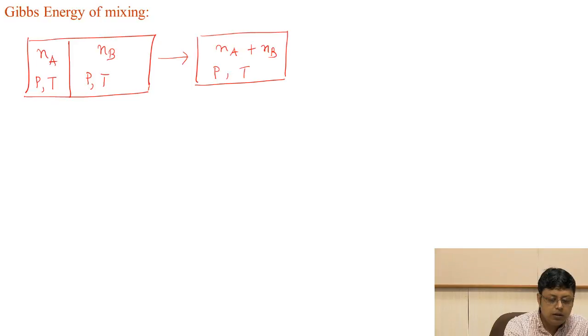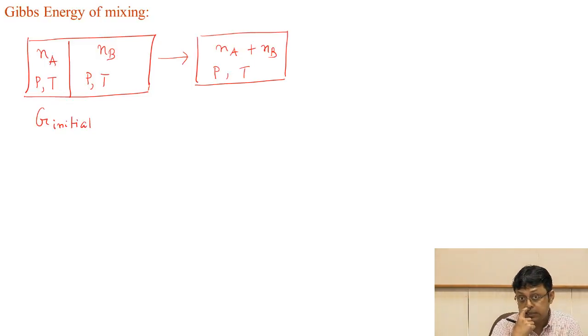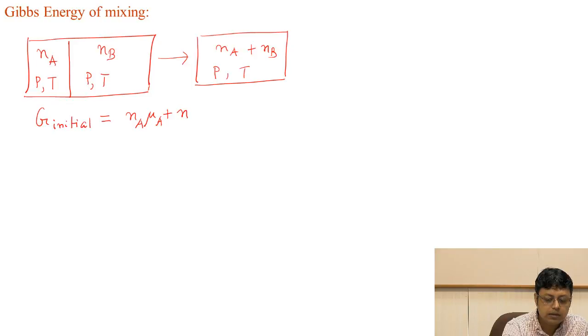Now let us use this notation: initially we had, I could have written a Gi, but I'm not writing it because we have already chosen a letter to describe a component. So initially the Gibbs free energy was nothing but Na mu A plus Nb mu B. So this is the Gibbs free energy of the joint system.